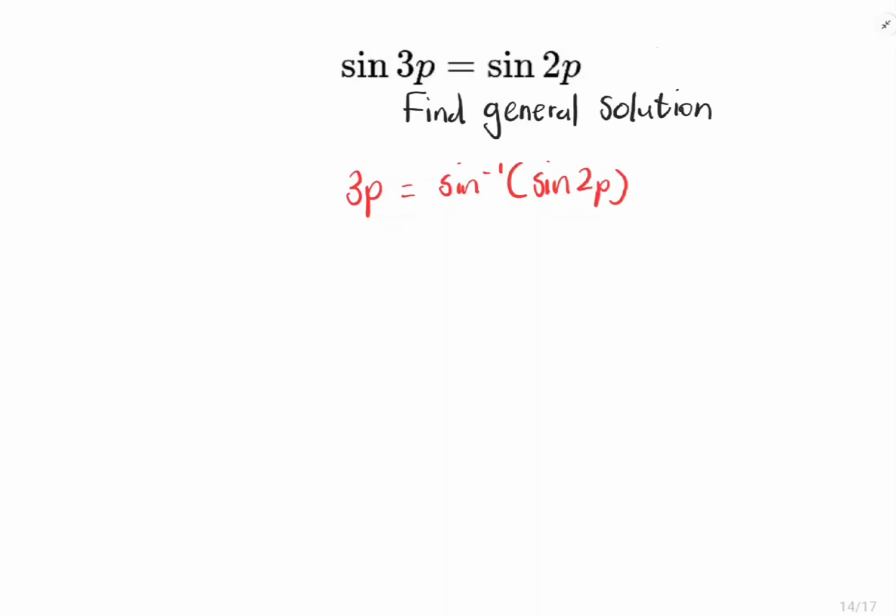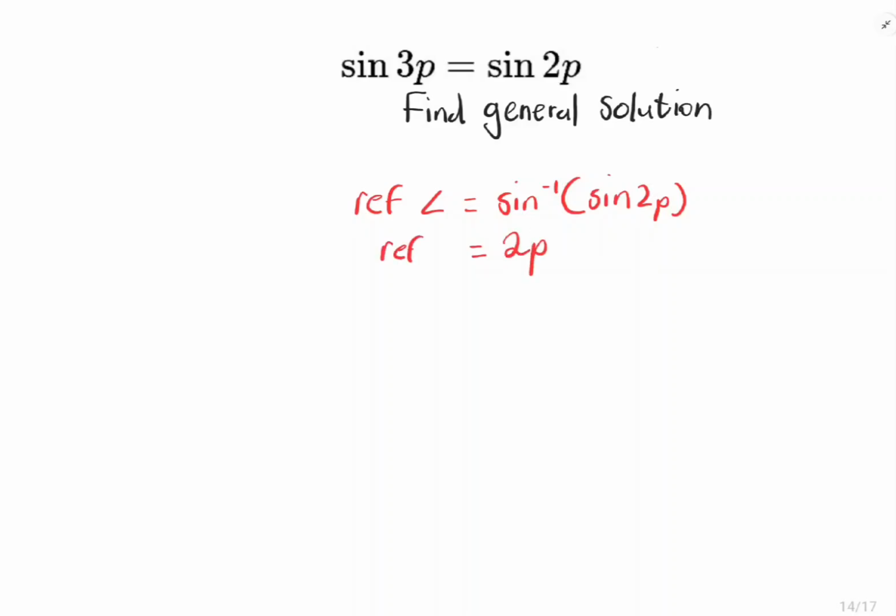When that happens, the sine and the shift sine cancel, and you're just left with 2p. With general solutions, we first want to get our reference angle. In this case also, the reference angle will be shift sine of sine 2p. The sines cancel, it's just going to be 2p. That's how you can look at it as your reference angle.